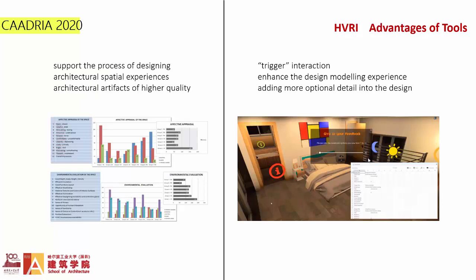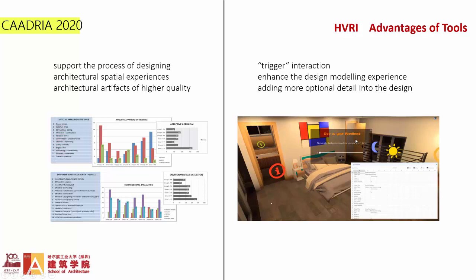And then we can interact with the virtual environment compared to traditional models. Some studies by Agulo and Velasco have proven that space in virtual reality can enhance the understanding of architectural experience of space, leading to meaningful results.